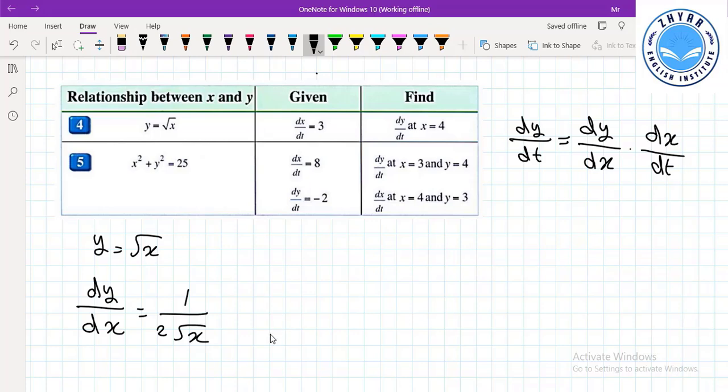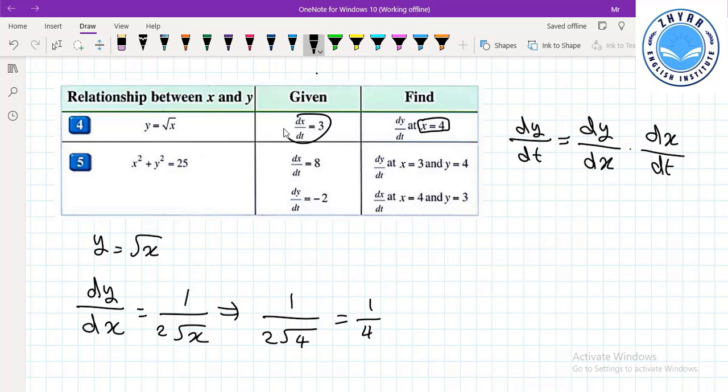Now, we need to turn dy dx into a number. Look back to the question. There's definitely evidence given: x equal to 4. Put 4 in place of x. That's going to be 1 over 2 radical 4. Radical 4 is 2. 2 times 2 is 4, so we get 1 over 4. This dy dx became 1 over 4.